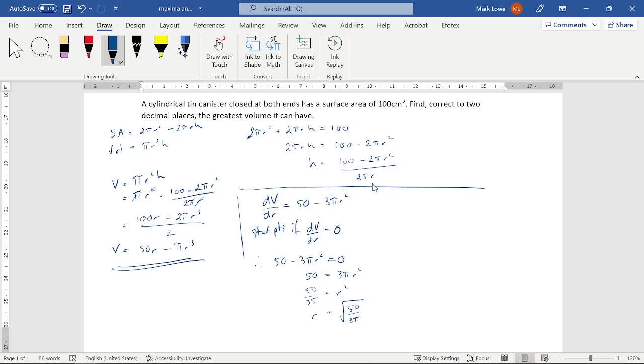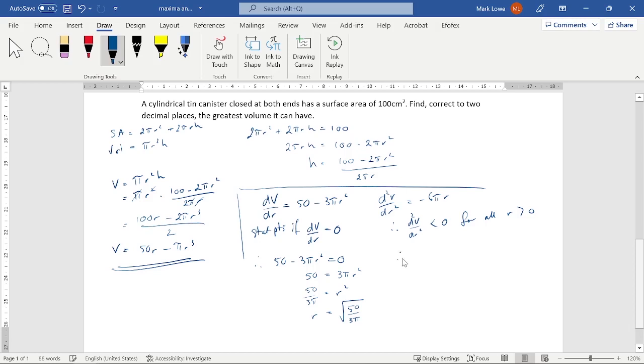Now in this situation, it's a really straightforward formula. So we could find d2V dr squared and say, well, that's going to be negative 6 pi r. No matter your radius, your second derivative here is going to be negative. So d2V dr squared is negative for all r values, and the radius is positive, which they will be.